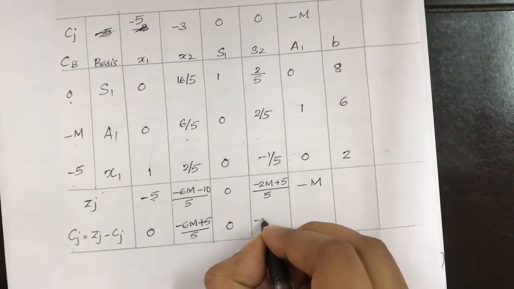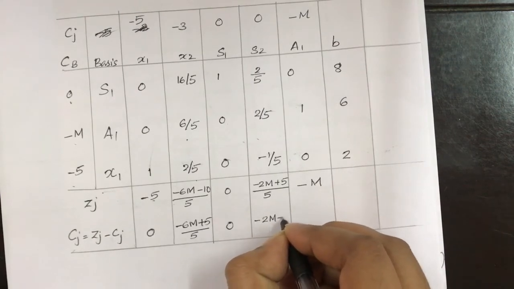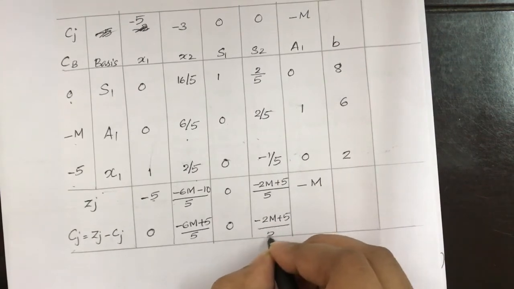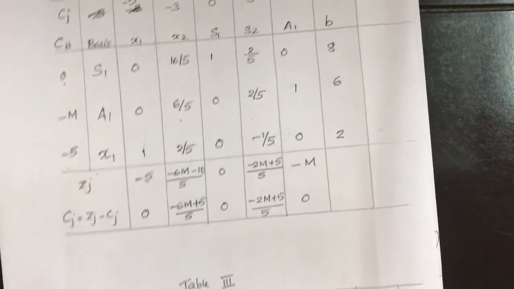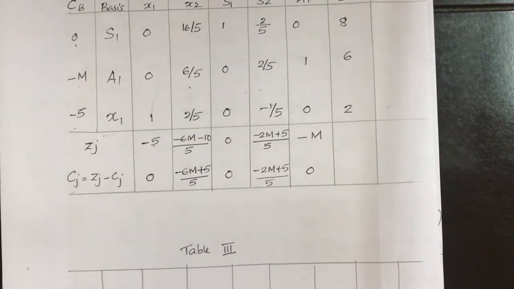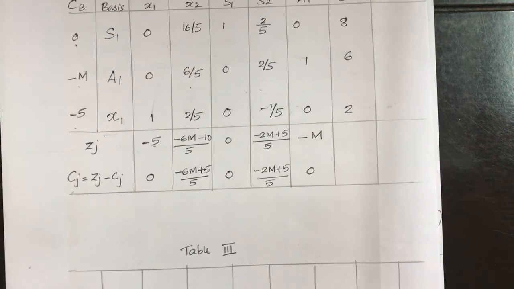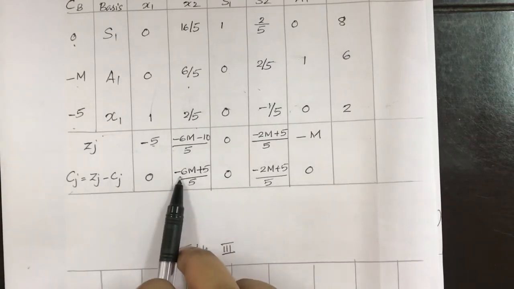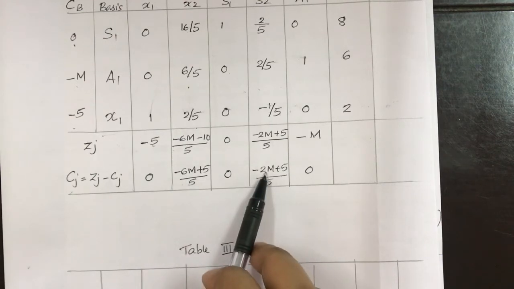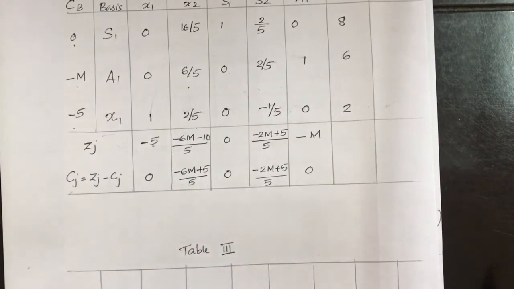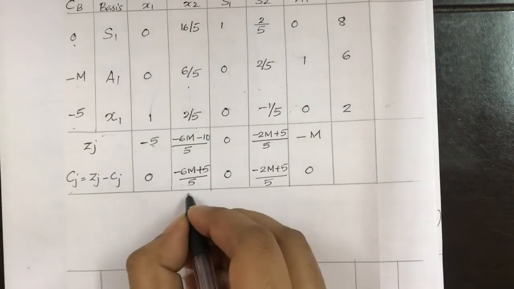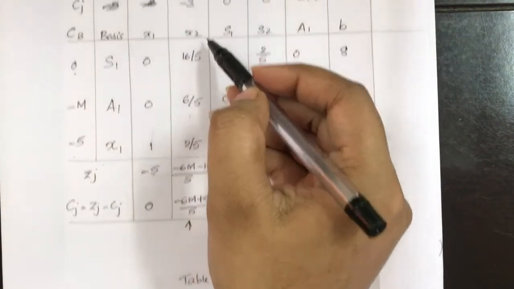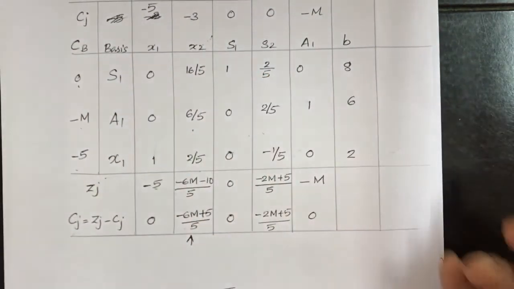Here also -2m plus 5 divided by 5. Here value 0. Check whether there is any m having negative coefficient, which is lowest, -6 or -2. -6 is the lowest value. So x2 is the incoming variable.